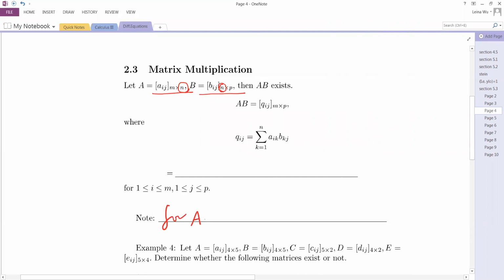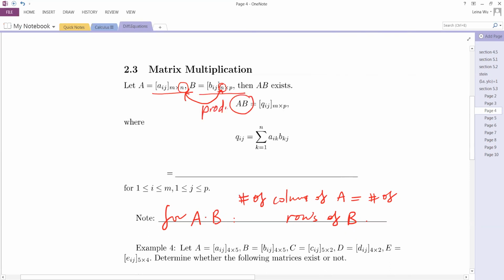So for A times B matrix multiplication, the number of columns of A should match the number of rows of matrix B. Okay. Only when these two sizes match can we perform matrix multiplication. And this is the product of matrix multiplication.